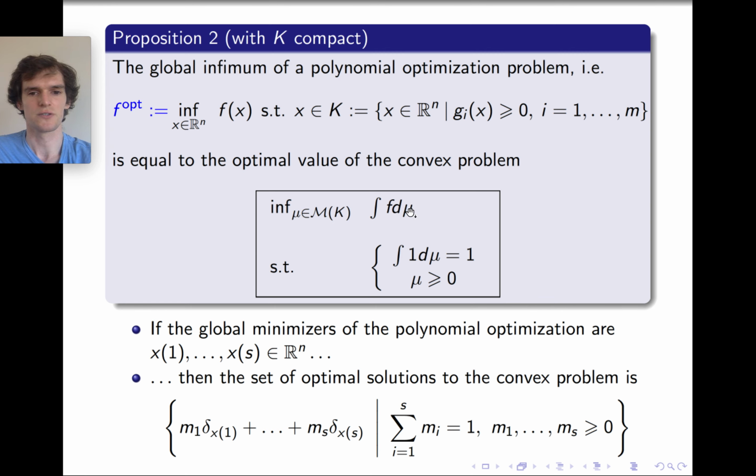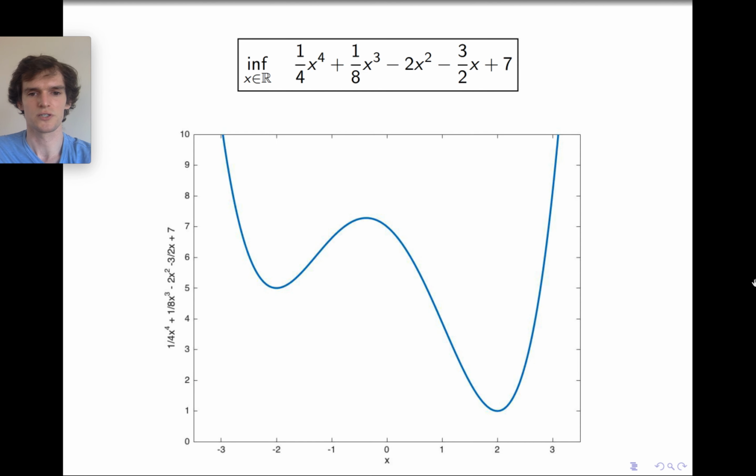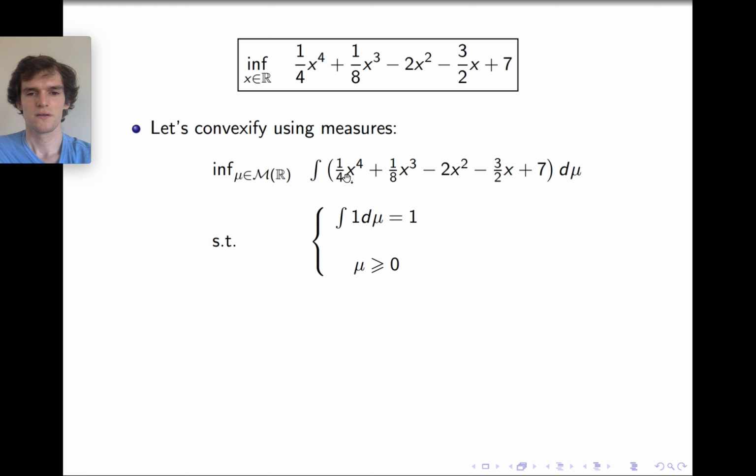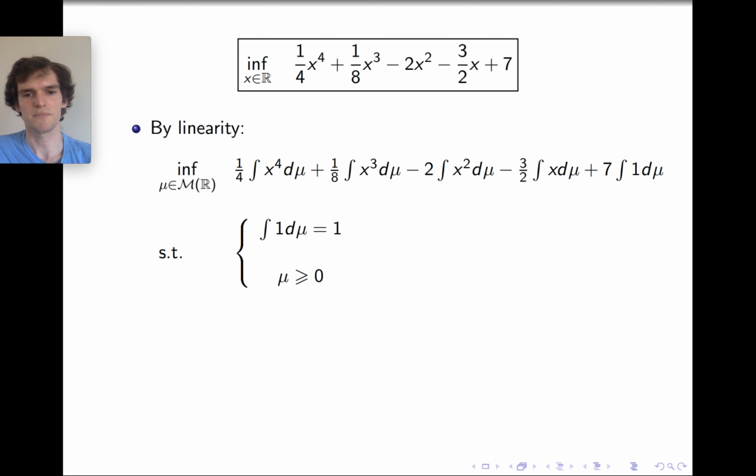So remember, we have the integration with respect to the measure, mass equal to 1, non-negative. So we're just going to write that: integrating the objective with respect to the measure, mass equal to 1, and non-negativity of the measure. Okay, so we can expand.